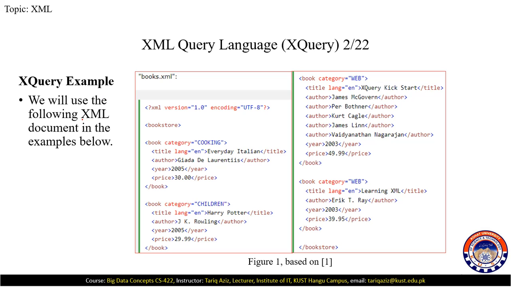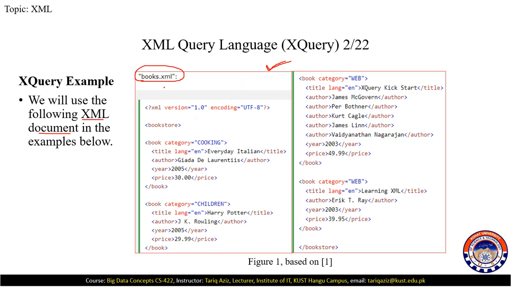First of all, which document will we process, or on which XML documents will we apply our queries? If you look at the example here, this is our XML document, and the name of this XML document is books.xml. Basically, we will apply queries on this document, and then we will extract information according to our need.